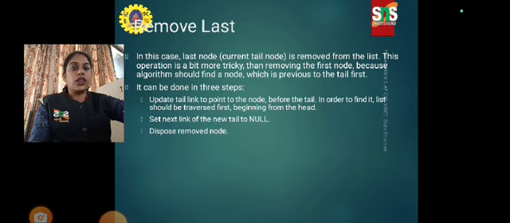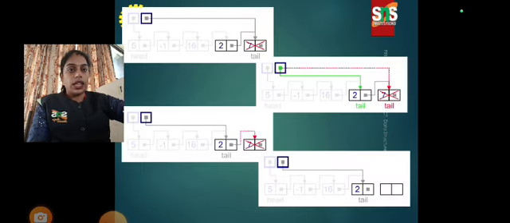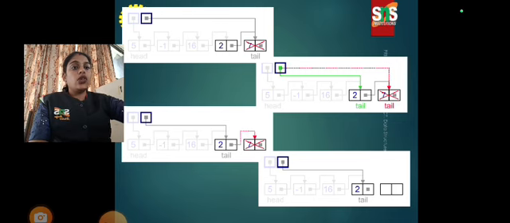Okay, another scenario is remove at the last, deleting an element or node at the end. This is also simple. See here, the node containing data part 7 is considered the tail node, which does not have any address pointer.